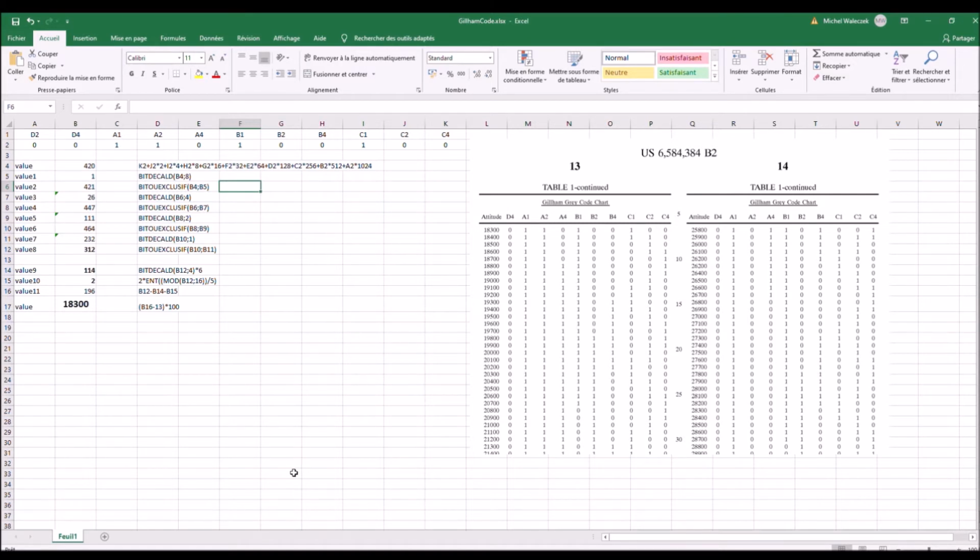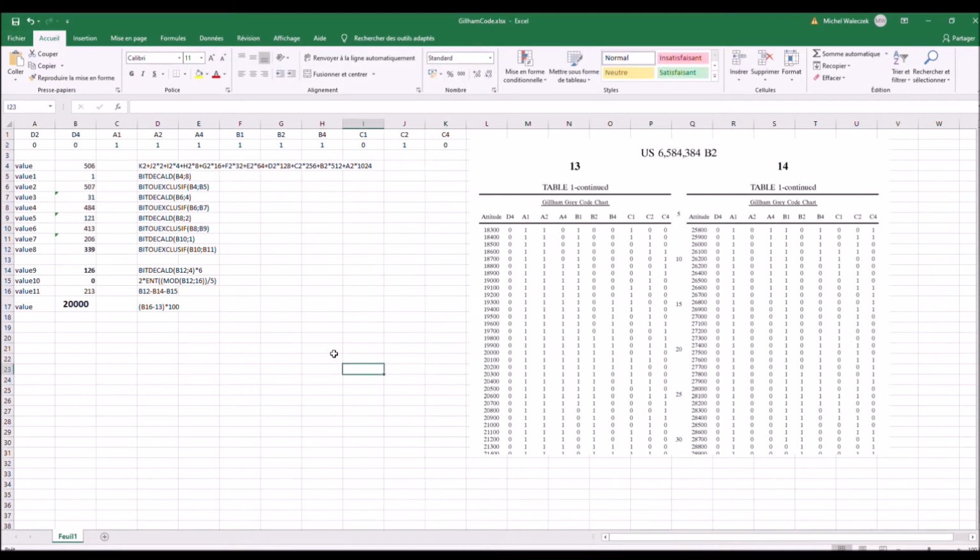We can check also another one, this round value, for example, 20,000 feet. Every bit is at high level except C4, C1, and D4. Okay, C4, C1.